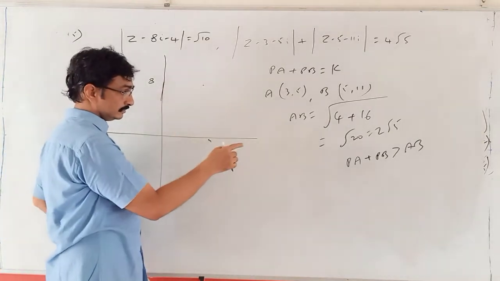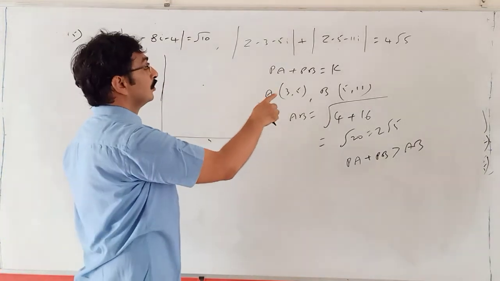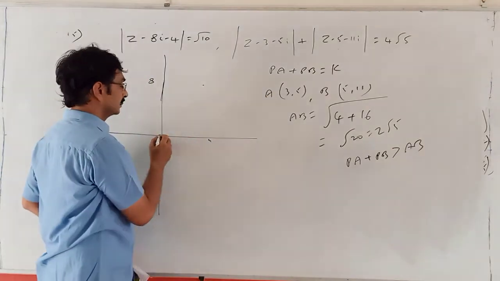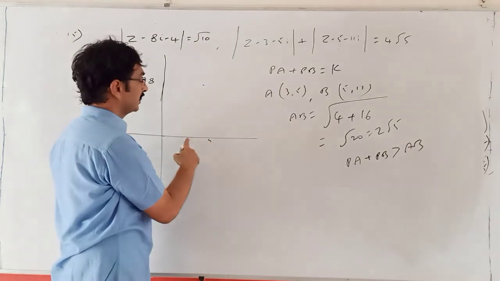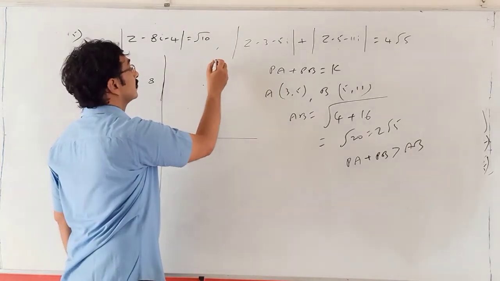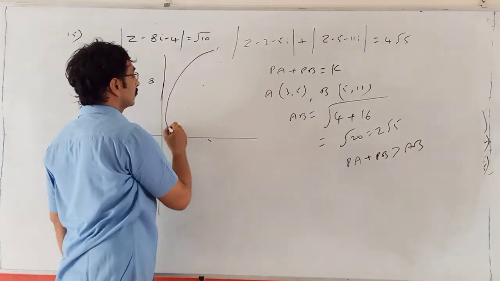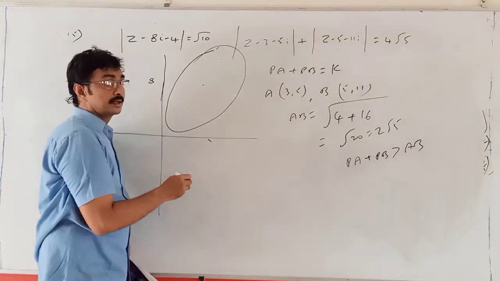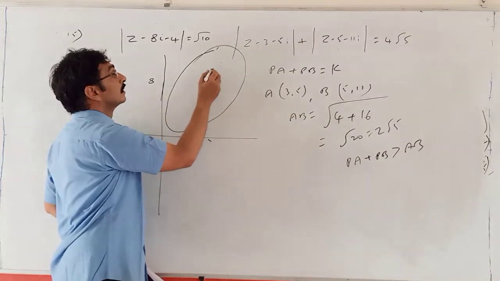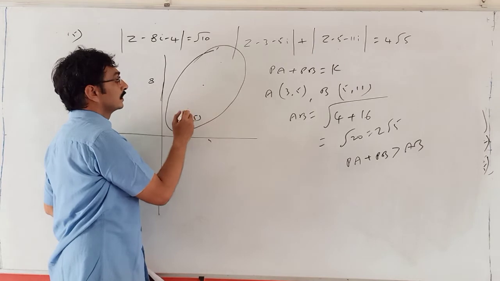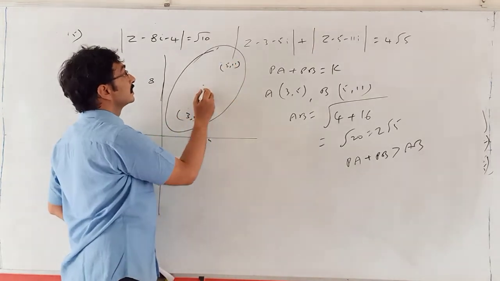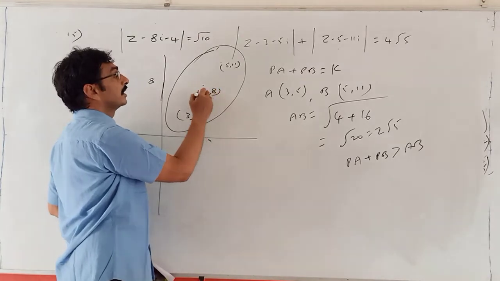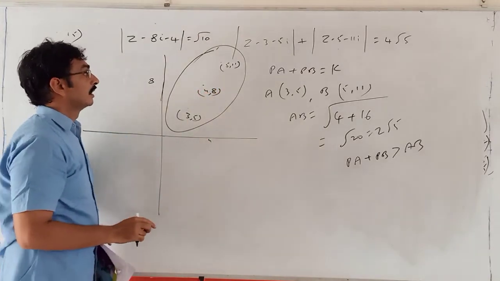And the ellipse whose foci are 3,5 and 5,11. So clearly the ellipse has foci 3,5 and 5,11, and the center of the circle is 4,8.